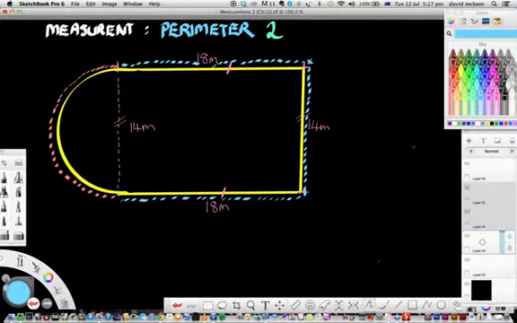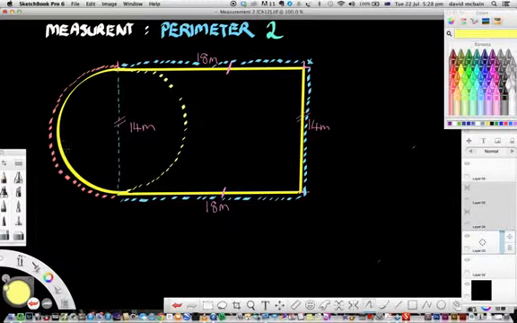And so if we remember from our previous video also, that if we work out the circumference of this pretend full circle, so I'll just make it a little bit more obvious by drawing it in like that. So imagine there's a full circle there. If we worked out the circumference of that full circle and then halved it, that would give us the distance of just half the circle, which is the orange part, which is the part that we want.